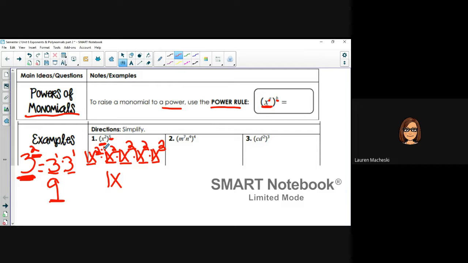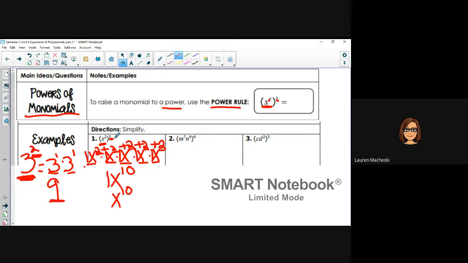So 2 plus 2 is 4, plus 2 is 6, plus 2 is 8, plus 2 is 10. So x to the 10th is your answer. I kind of went the old route and decided to show what it actually meant. And I know this rule when I'm multiplying like bases, I add the exponents. I know that rule from last week.